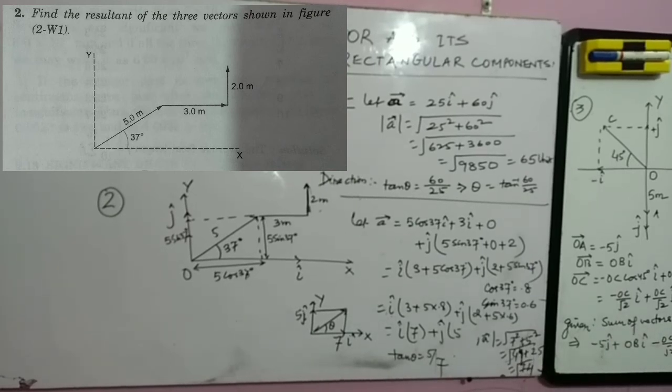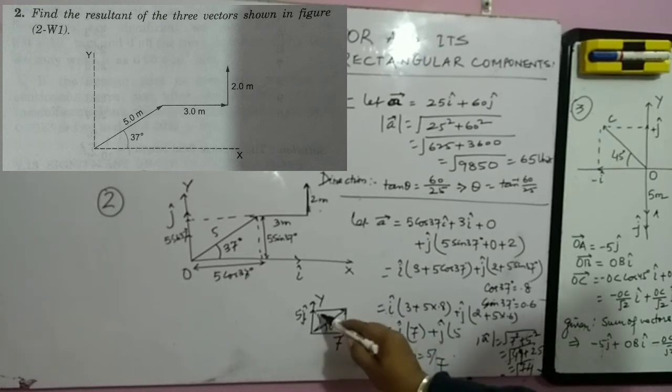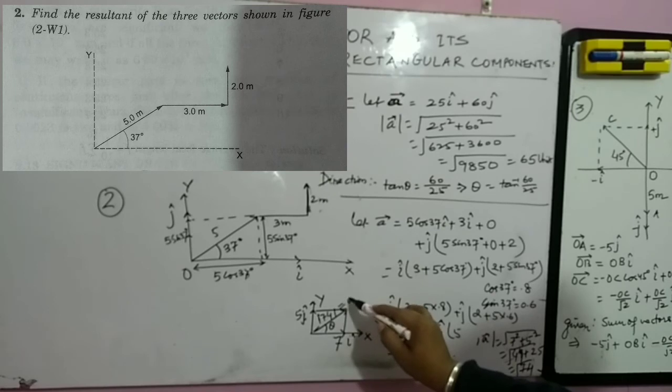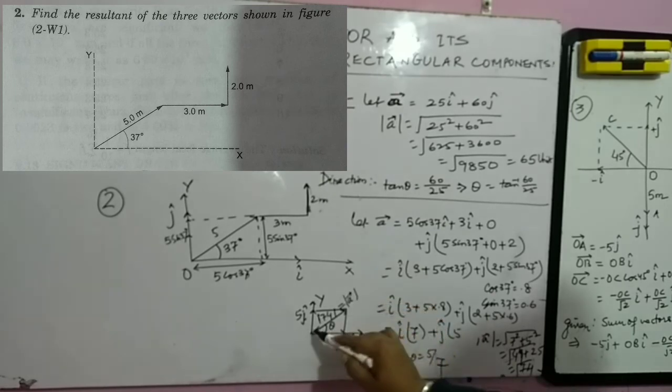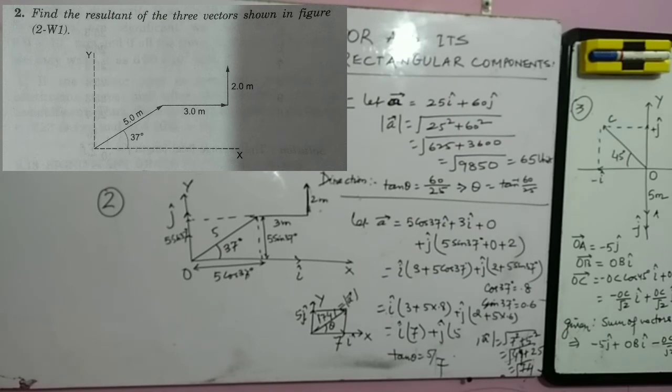So the magnitude of this vector is under root 74, and this is representing the A vector.